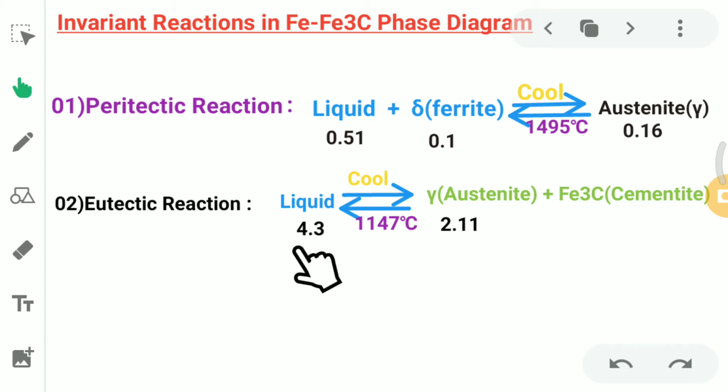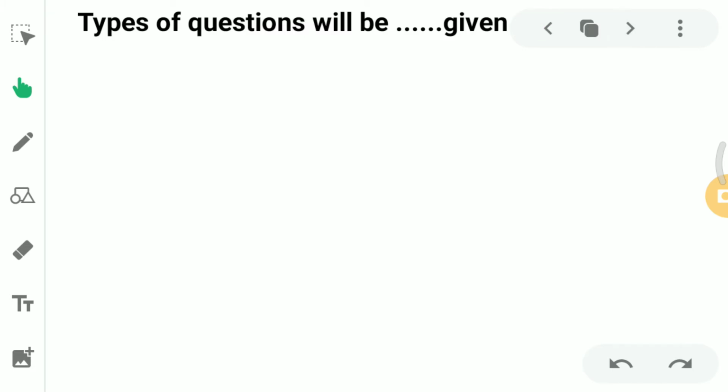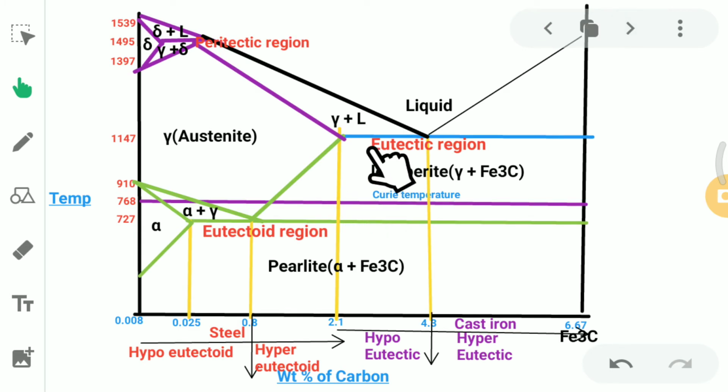This is the eutectic composition range, and this will be up to 2.1. We will get the eutectic region, with the maximum solubility point, friends. Here 6.67 is the maximum Fe3C content.